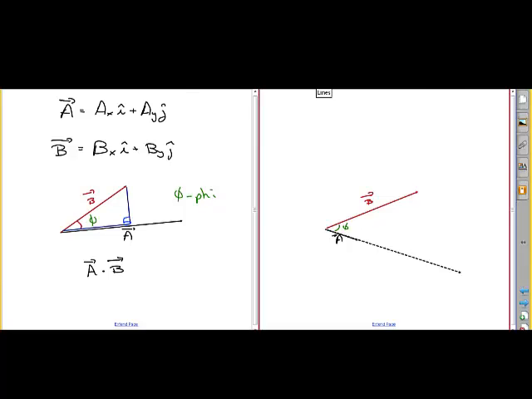So if I wanted to show the two components of vector B, where one component is in the direction of vector A and one is perpendicular to the direction of vector A, I have to make sure those are mutually perpendicular, so I'm going to make that a little shorter.